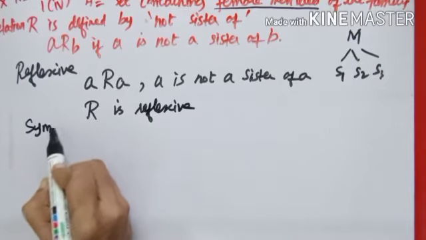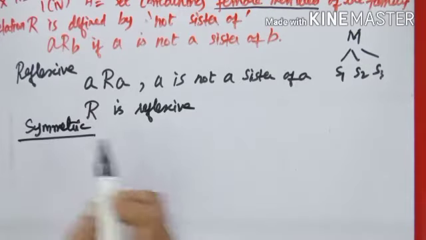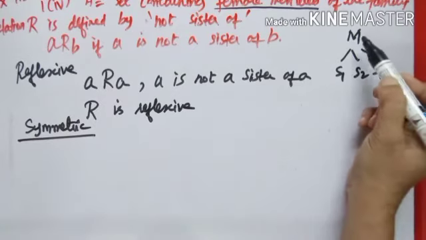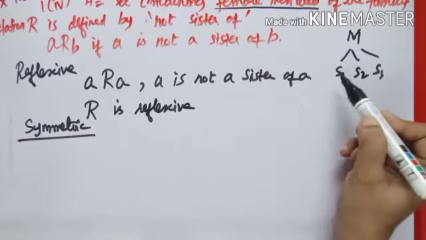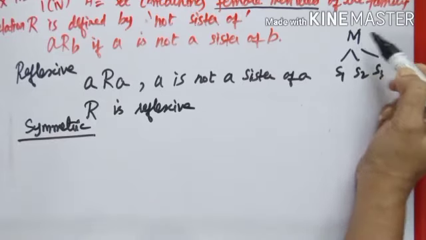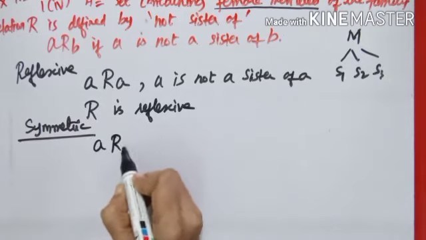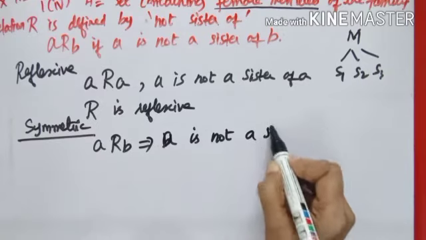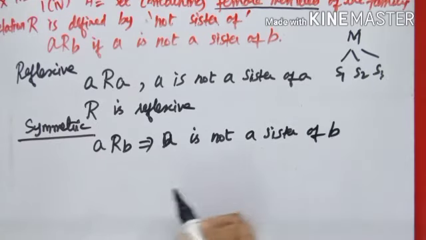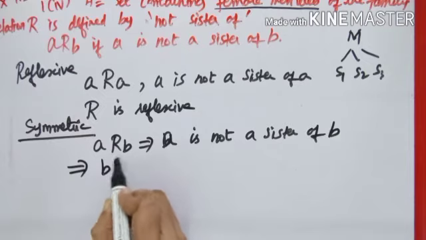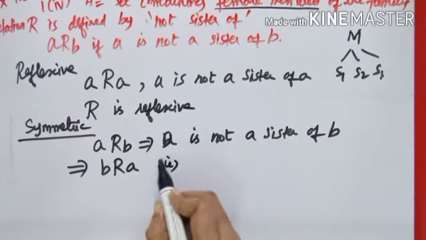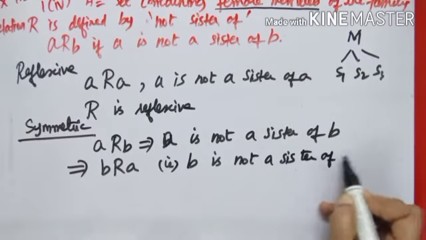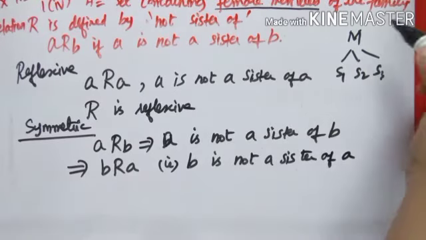The second idea I want to say symmetric. There are only sisters and mother. If mother is not a sister of this one, then this is not a sister of mother. So the idea I say A related to B implies A is not a sister of B, then this implies B related to A. That is, B is not a sister of A, because now there is no idea of brother or father.